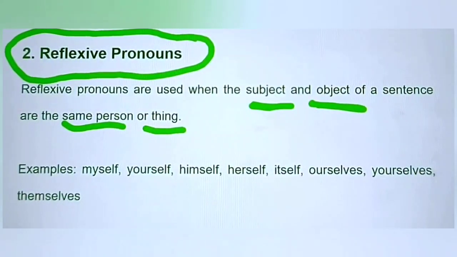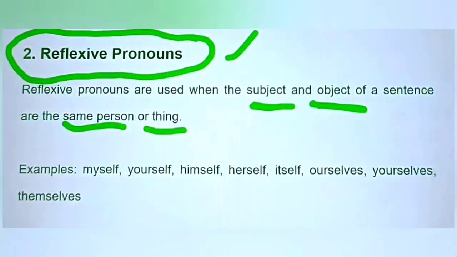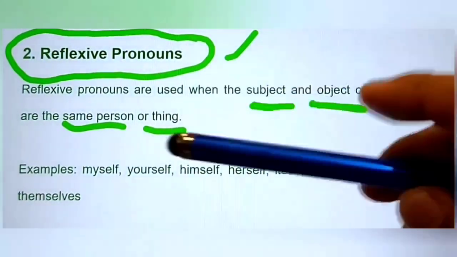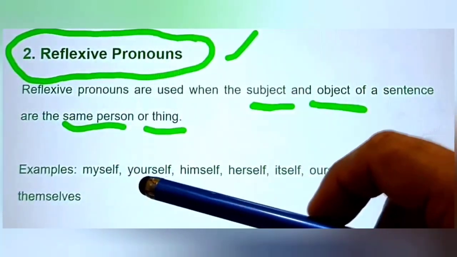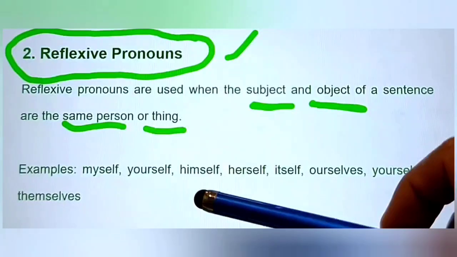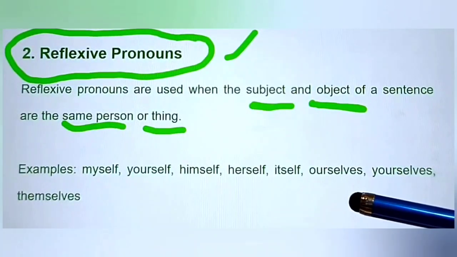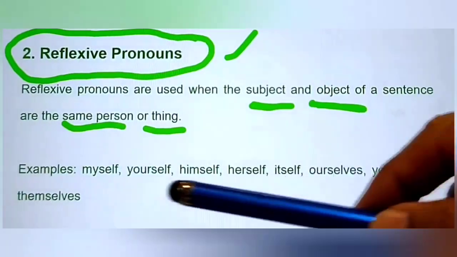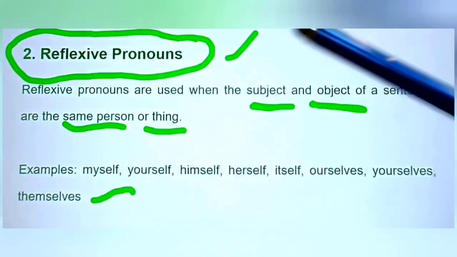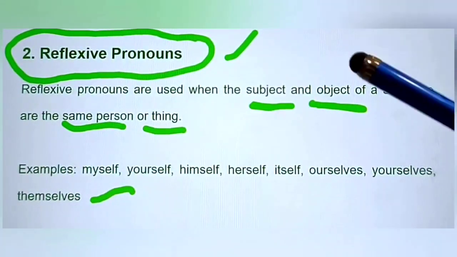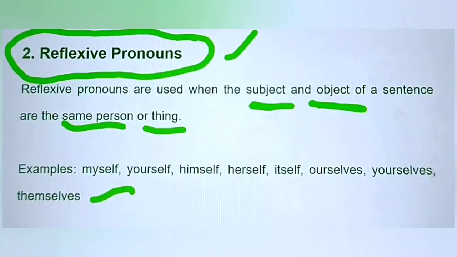When in a sentence the subject and object are the same person or same thing, we use reflexive pronouns. For example: myself, yourself, himself, herself, itself, ourselves, yourselves, themselves. These are examples of reflexive pronouns.